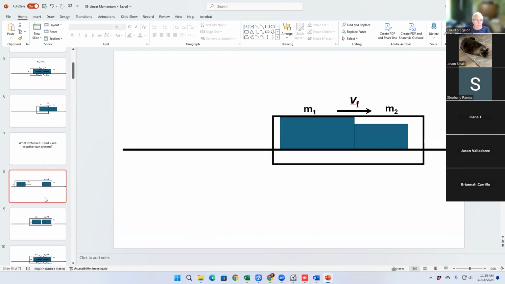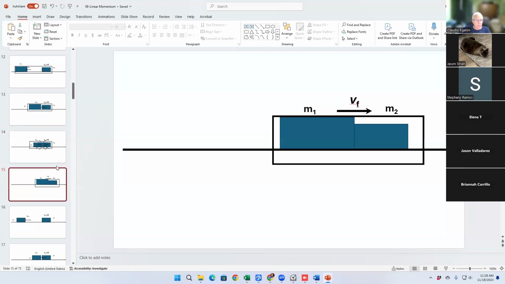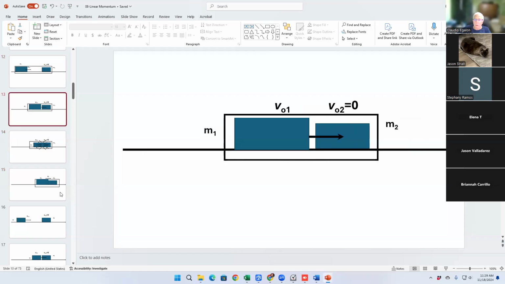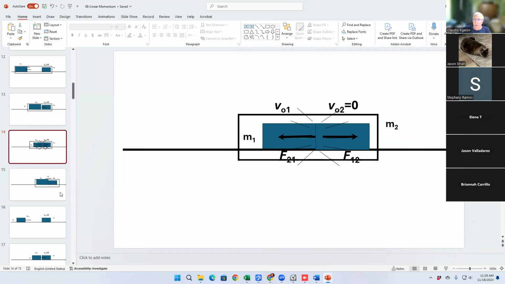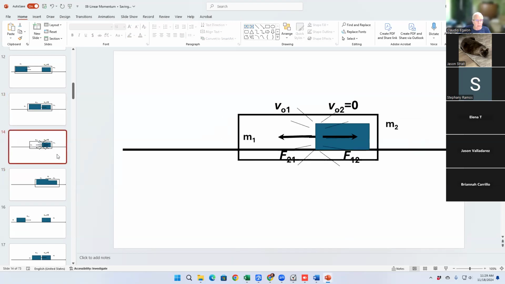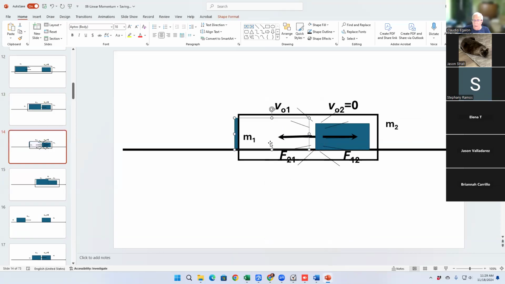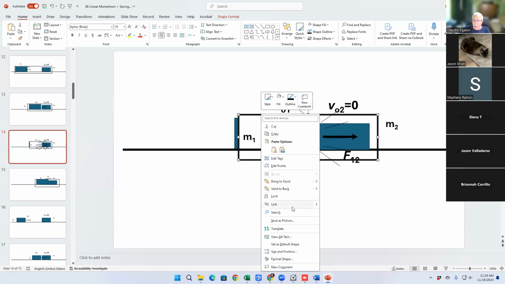Send to back. This one is going to be format shape.